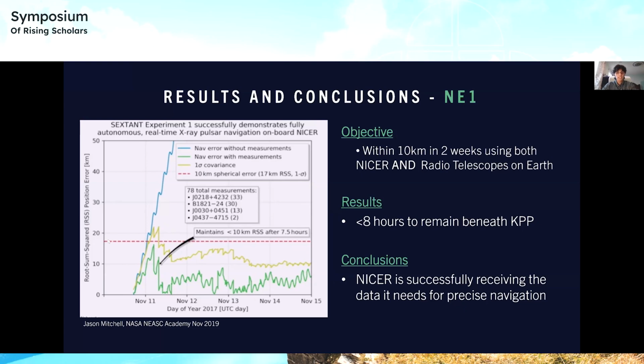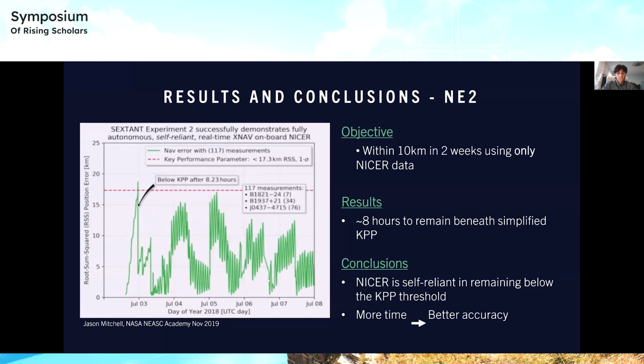The KPP being the key performance parameter, which says that it needs to be under 10 kilometers worst direction. And so the conclusion is that NICER is on a pretty good path in terms of being successful with using data from Earth to support that.